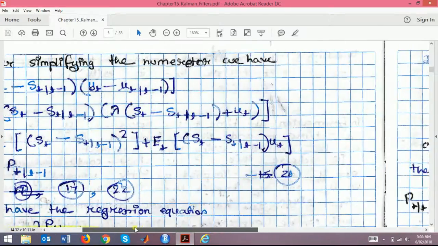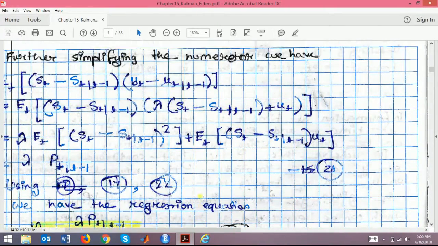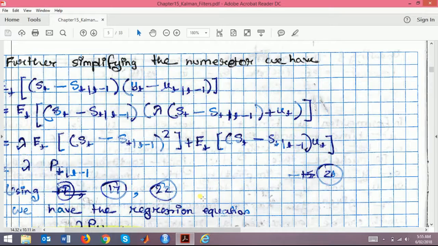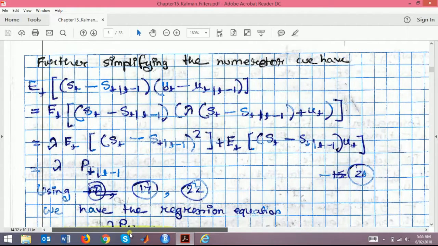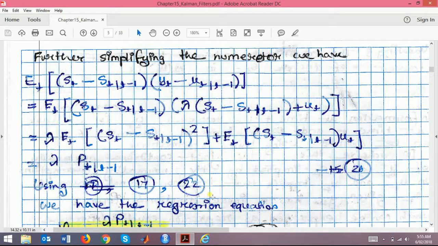Simple. Okay, so we had predicted parameter that we used for updating, we measured observation, then we improved on the regression equation. So we can further simplify the numerator in this equation, which is s1 minus s10 multiplied by y1 minus mu10, and we can have lambda p10, and p10 is our variance.